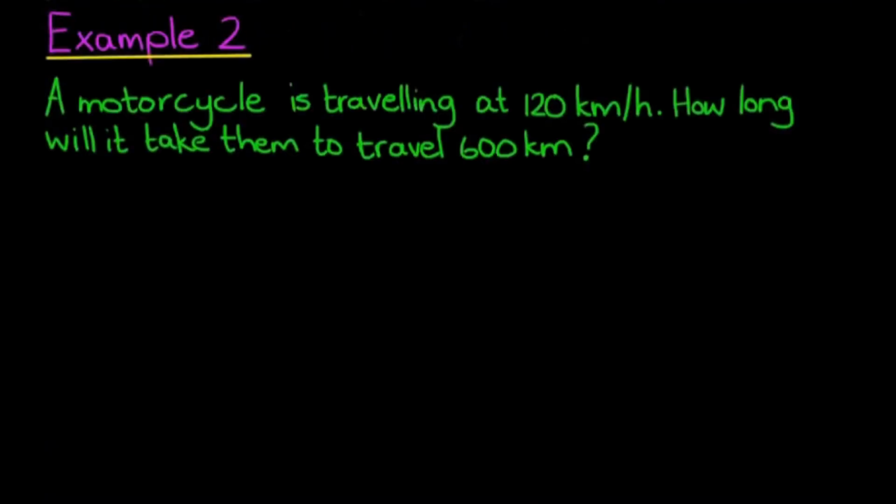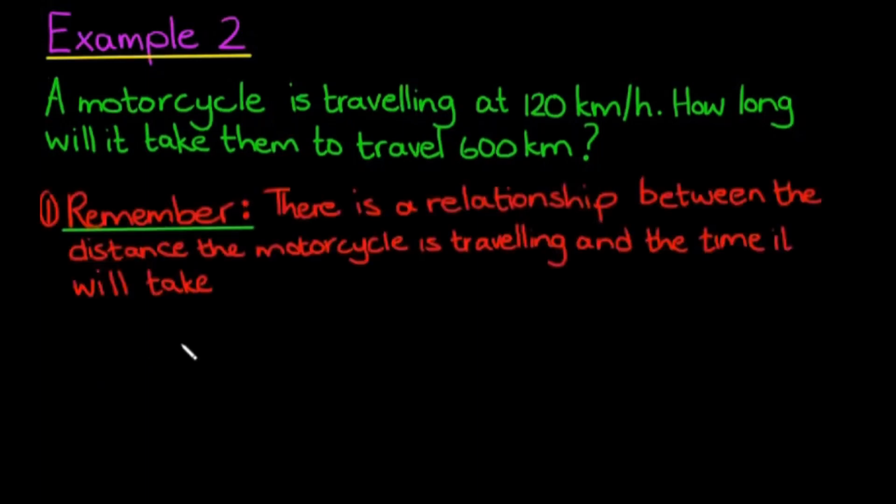So the next example is a motorcycle is traveling at 120 kilometers an hour. How long will it take for them to travel 600 kilometers? So again, we need to remember that there is a relationship between the two quantities, and the quantities are the distance that the motorbike is traveling and the time it will take to get there.